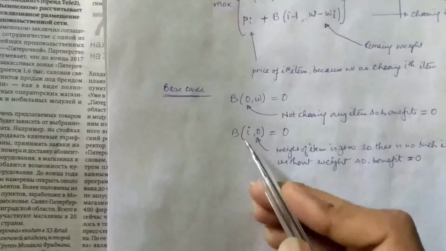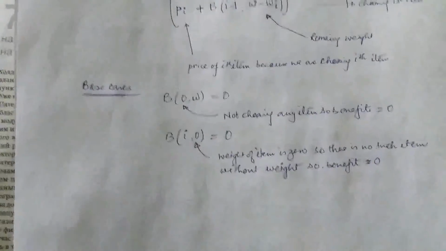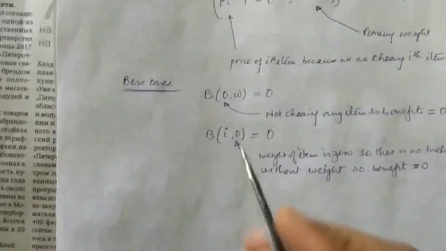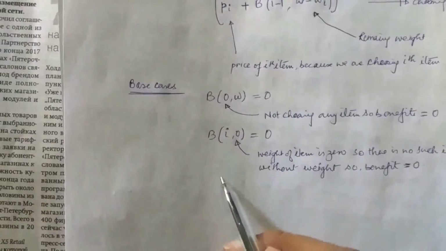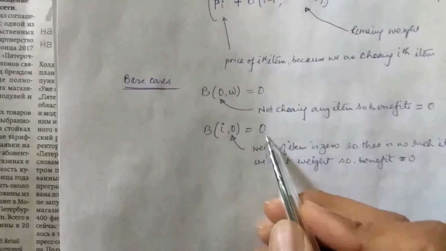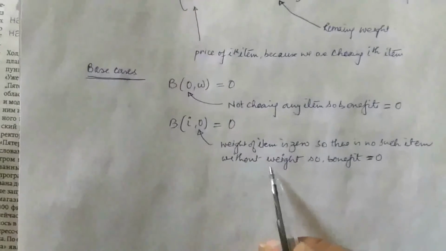So there are n items, all have their values, but there is no knapsack with us, so we can't take any items. So the benefit will be 0. Although there are so many valuable items, we can't take them, so the value is 0.